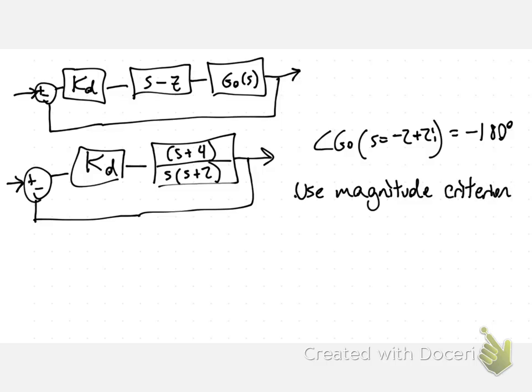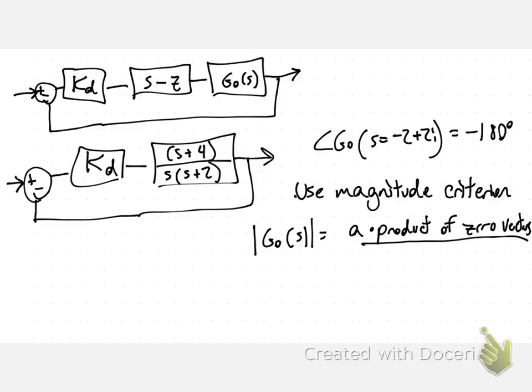So our magnitude criterion tells us that the magnitude of GO of S is going to be equal to A times the product of the length of the zero vectors, divided by the product of our pole vectors.